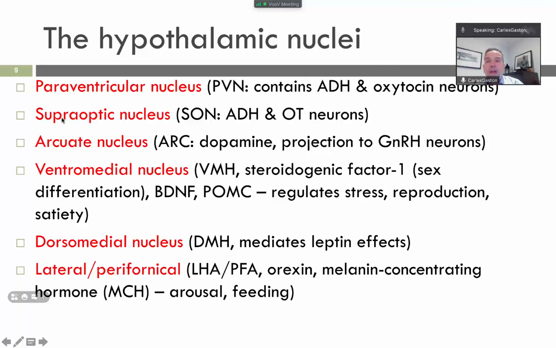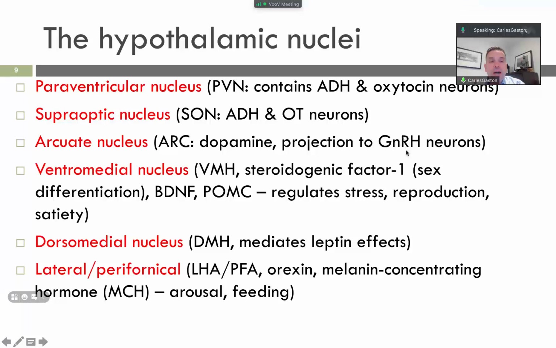Then we have the supraoptic nucleus, or SON, which also contains ADH neurons and oxytocin neurons. Then we have the arcuate nucleus, which contains dopamine and projections of the GnRH, or gonadotrophin releasing hormone, neurons, which control reproduction.